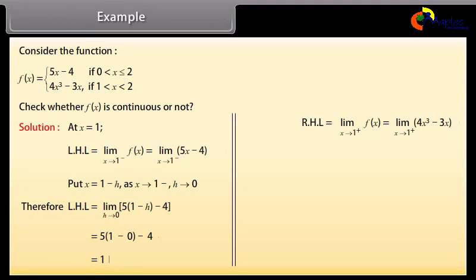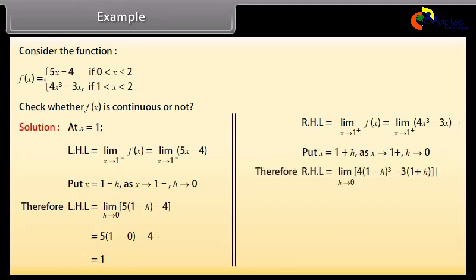Right-hand limit is equal to limit x approaches 1 plus f(x), which is equal to limit x approaches 1 plus 4x³ − 3x. Put x = 1 + h. As x approaches 1 plus, h approaches 0.